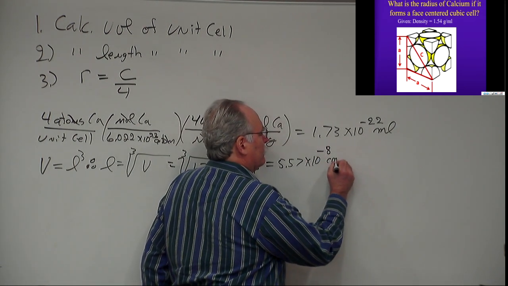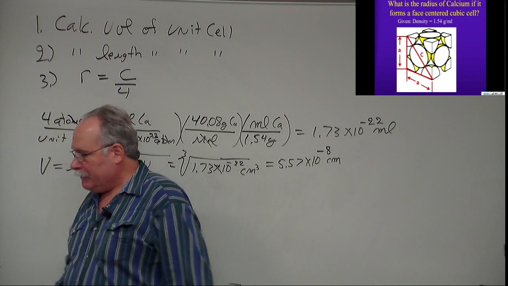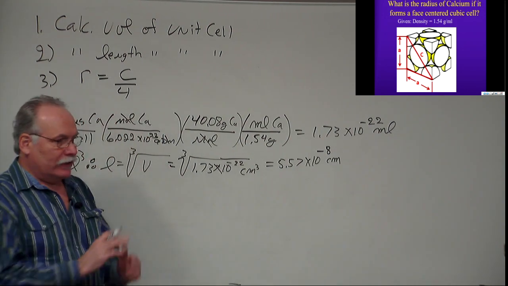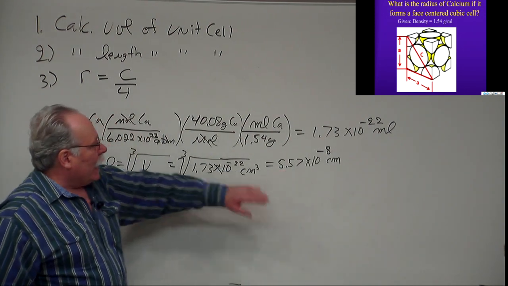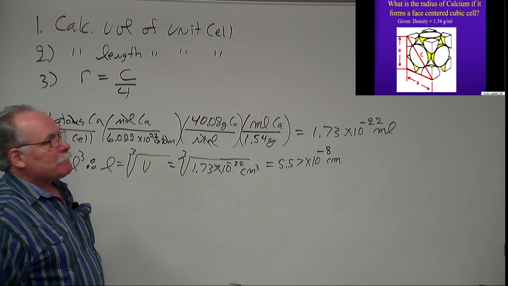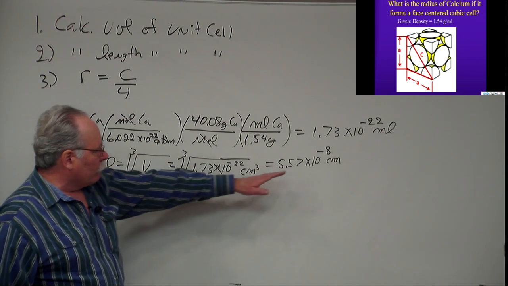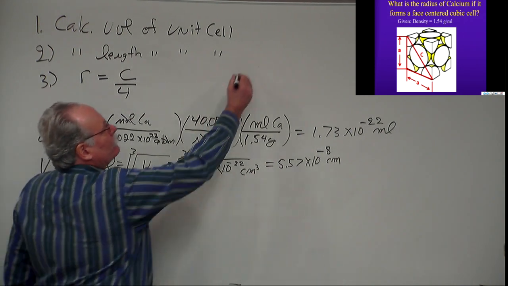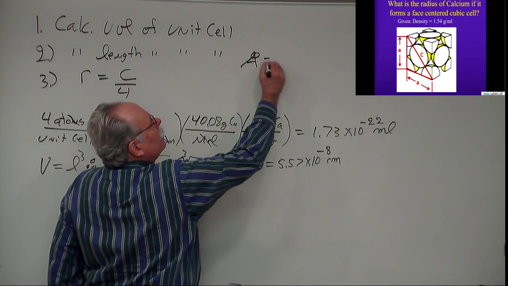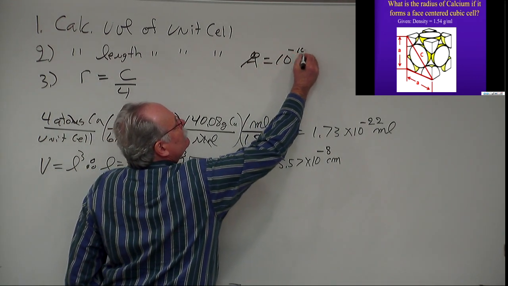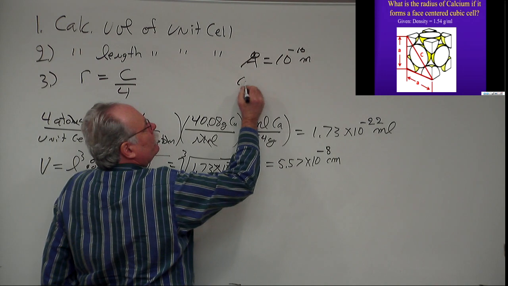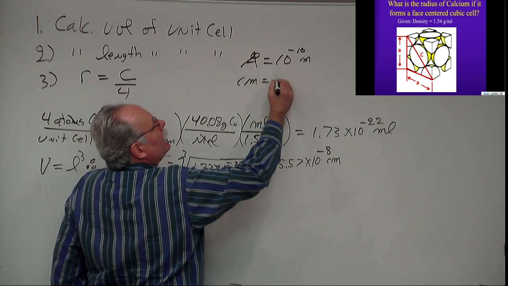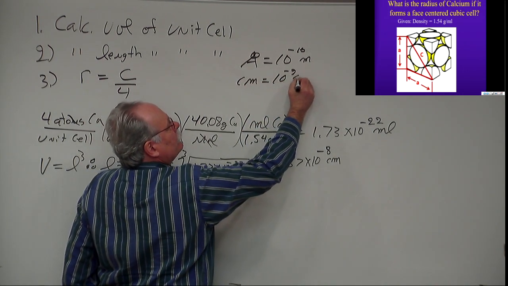Now, centimeters are a macroscopic measurement of value on our scale, and atoms are much smaller. And so we typically describe lengths of atoms in terms of angstroms, where an angstrom is 10 to the minus 10 meters. And note, you should know that a centimeter is 10 to the minus 2 meters.